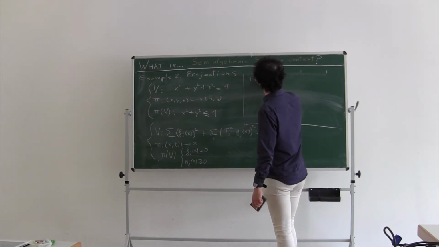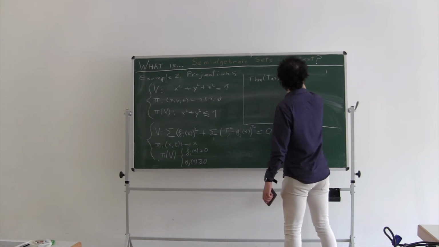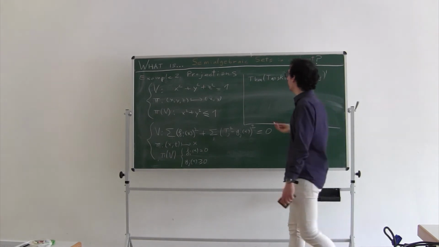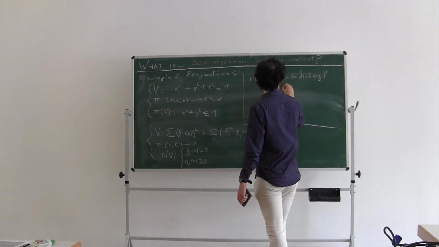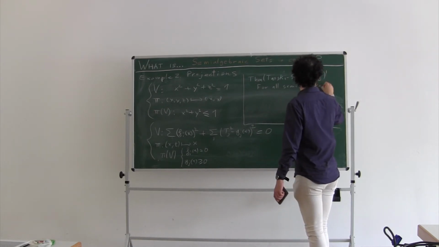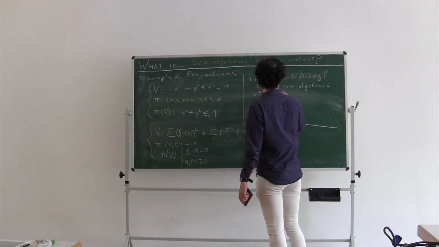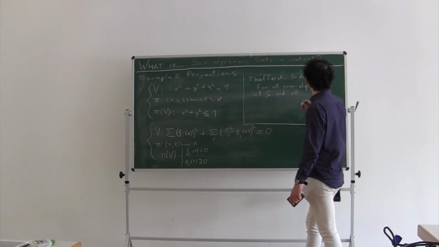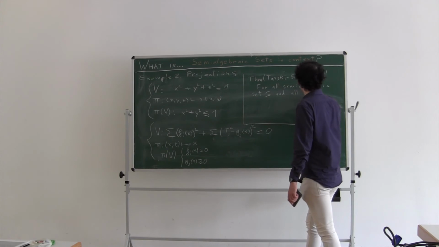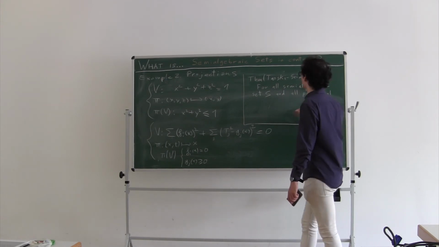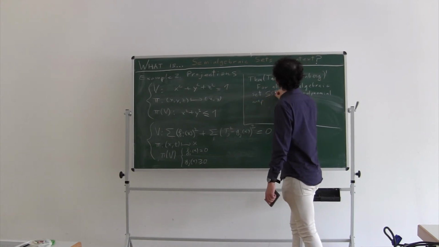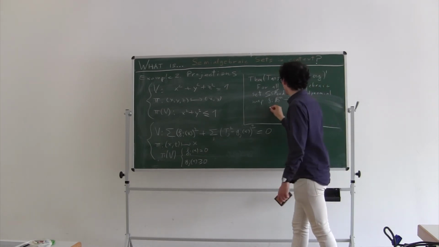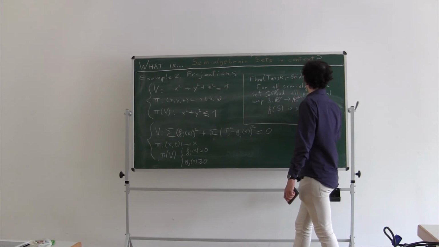Let's write it here. This is probably one of the most important theorems in semi-algebraic geometry, because essentially it says that for all semi-algebraic sets S, and, let's put polynomial maps just to keep it simple, for a polynomial map F that goes from R^n to R^m, the image F(S) is semi-algebraic.